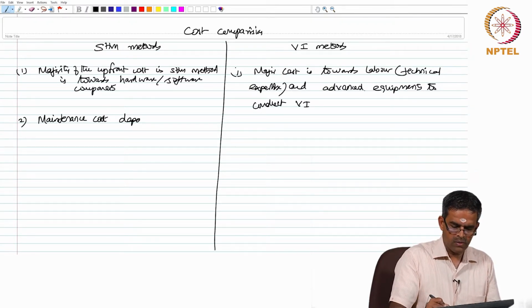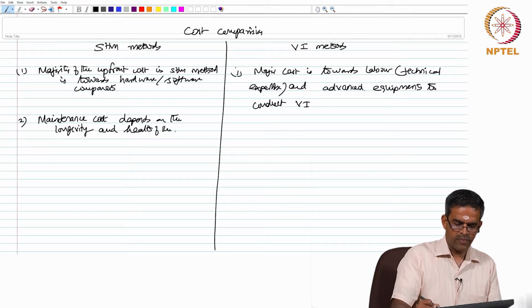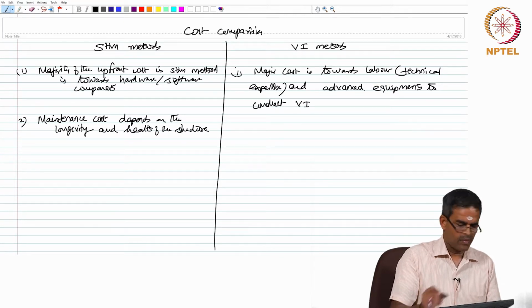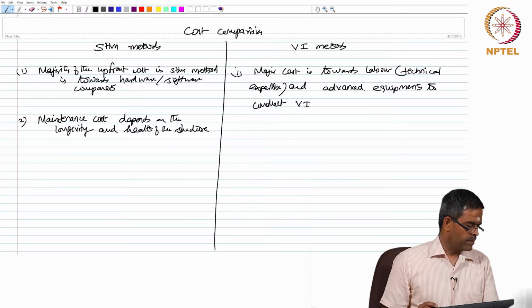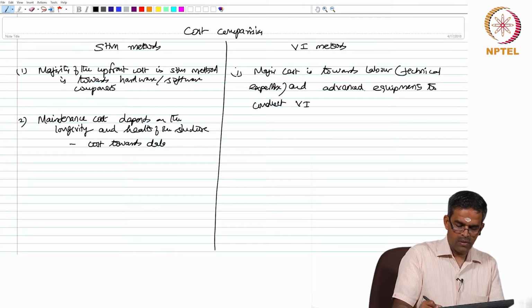It depends on the longevity and health of the structure. That is, the cost is essentially towards data acquisition and data management.